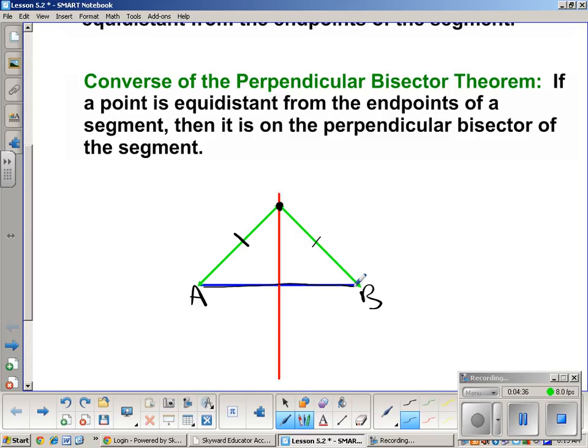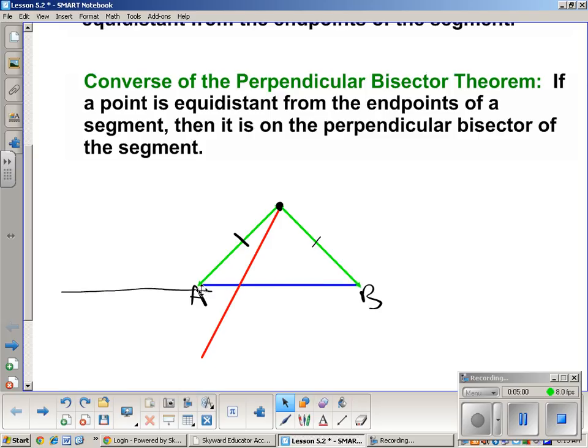Now we have to be a little bit careful there. Is this red line the perpendicular bisector of that? No. So this theorem is not saying that this red line is a perpendicular bisector to this blue line here, the base. Whoops, I forgot I was in the wrong mode.